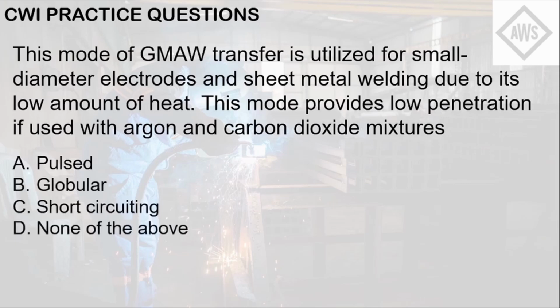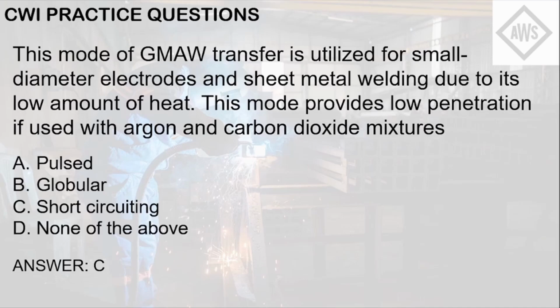So when welding sheet metal using GMAW, you only need a low amount of heat and current, because sheet metal is very thin and you don't need large amounts of heat to fuse it. So the answer here is letter C, short circuiting, because short circuiting has a low amount of heat and low penetration with its low current setting.